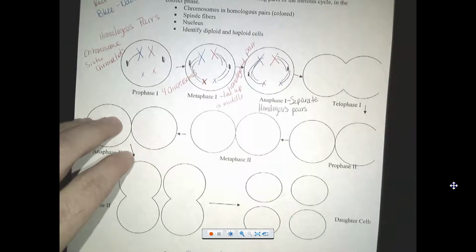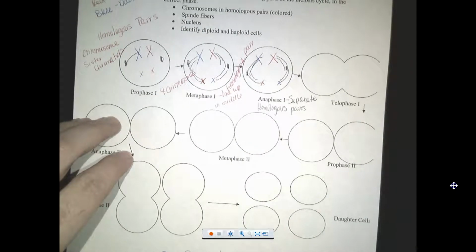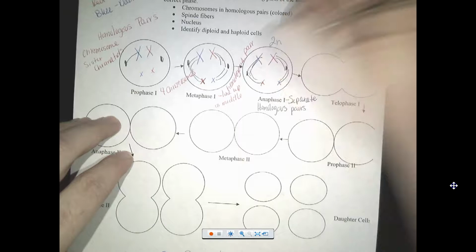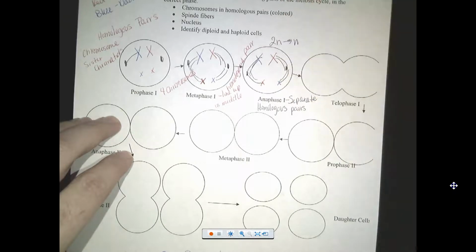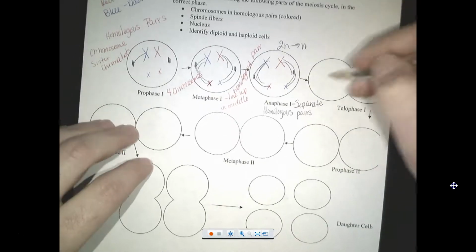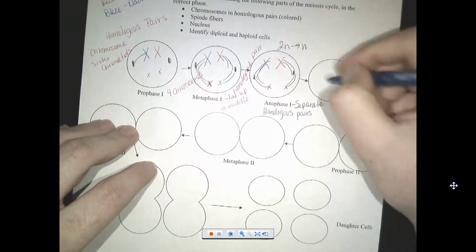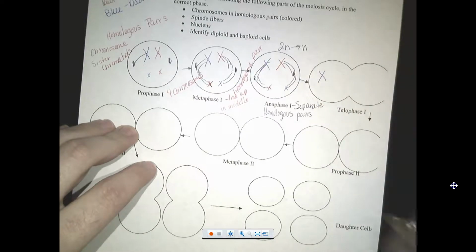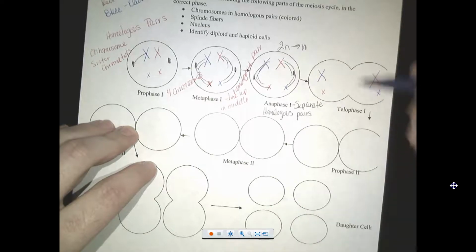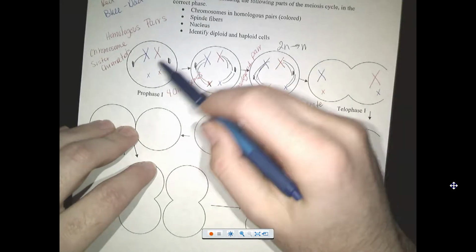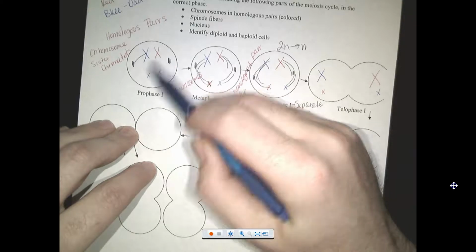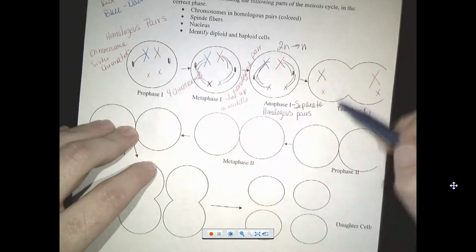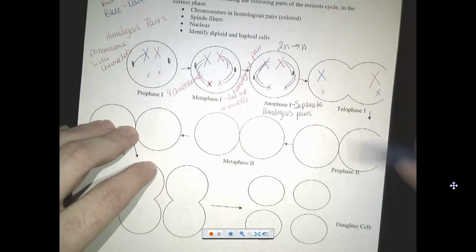So with the separation of homologous pairs, okay, we have now gone from our 2N in anaphase 1 to now haploid, right, N. Because in each of our cells as we go on, we're going to have a fewer number of chromosomes, right? We go from having the 2 sets of chromosomes to having how many? We go from the two sets that we had here, right? Here we got the two sets, the one from mom, one from the dad, one from the mom, one from the dad. Now we only have one set in each of our chromosomes.